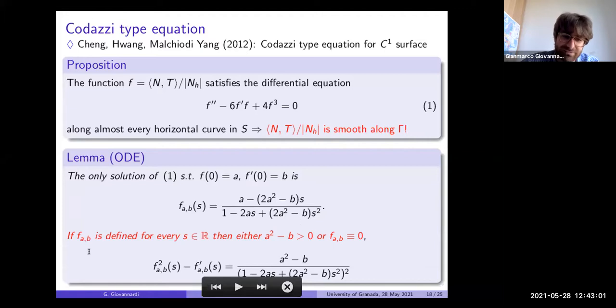And if this solution is defined for every s, we have a dichotomy. Either A squared minus B is strictly greater than 0, or the only solution is the trivial one. So we have this dichotomy that plays a really important role in the proof of the Bernstein theorem.